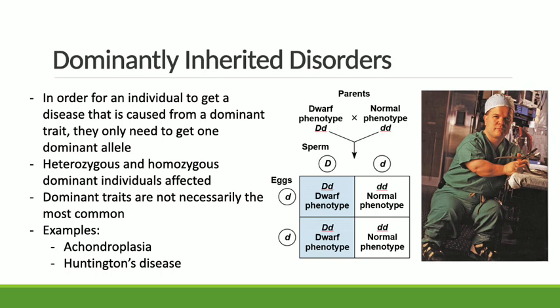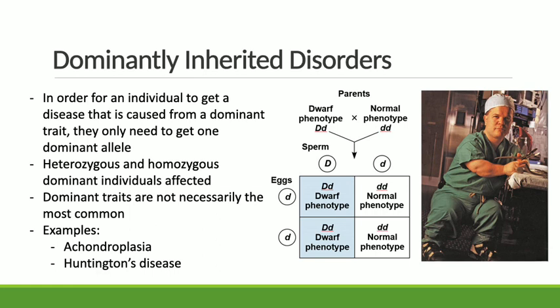So in these cases, if you have any of the dominant alleles, you will express the trait that we're talking about. So one type of genetic dwarfism, which is called achondroplasia, is a dominantly inherited disorder.